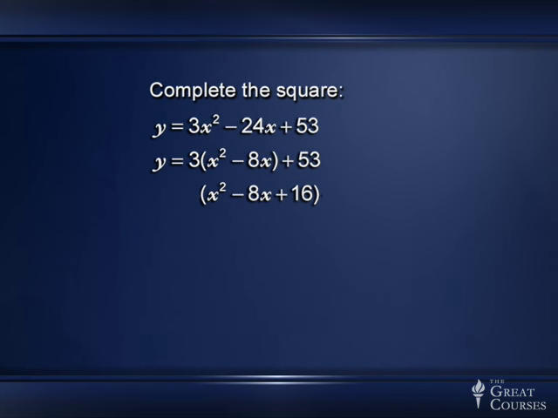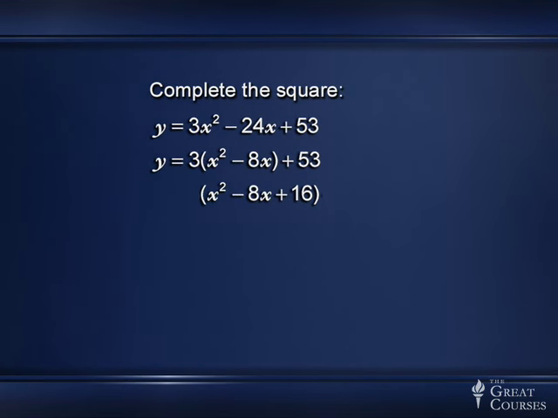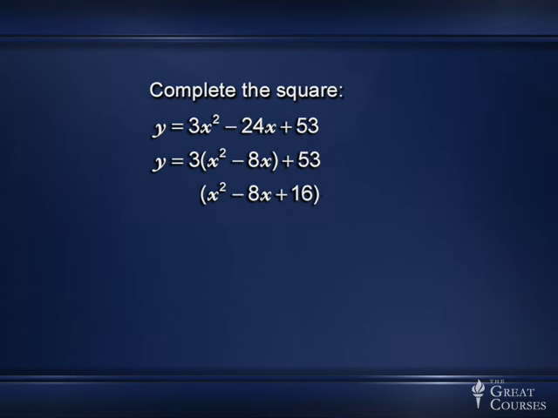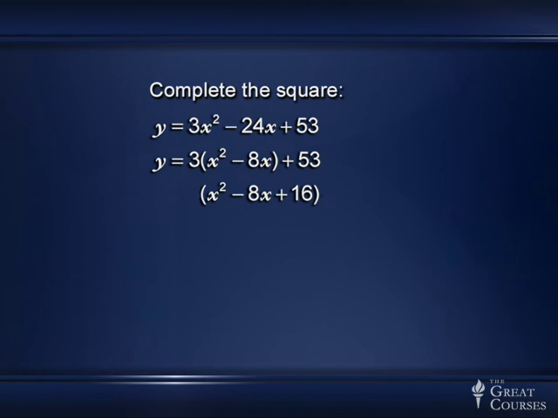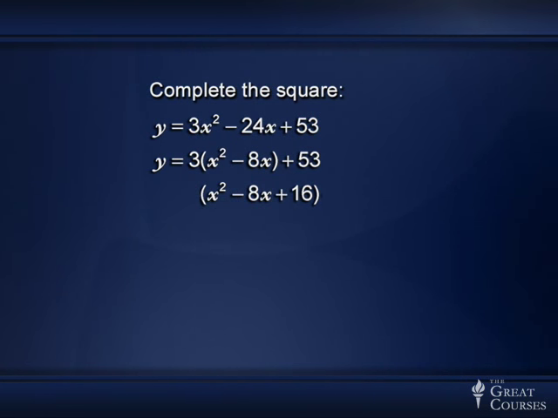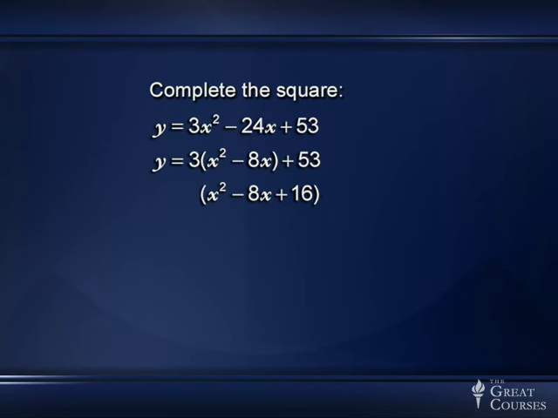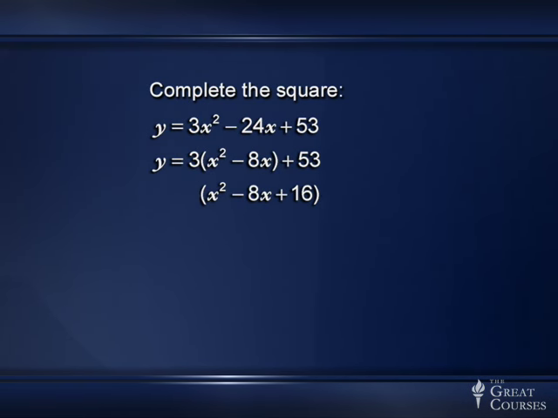But you've added something now, so you must subtract something so that everything works out just fine. Now think about this. You added a 16, but there was an extra little 3 sitting out in front of the parentheses. That means that what you've really added is 3 times 16, which is 48. So I need to, on the end of this expression, subtract a 48 next to the plus 53. I put a 16 inside the parentheses, which was the same as really adding a 48 because 3 times 16 is 48.